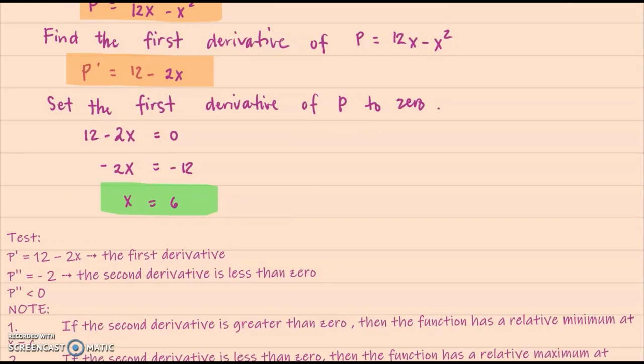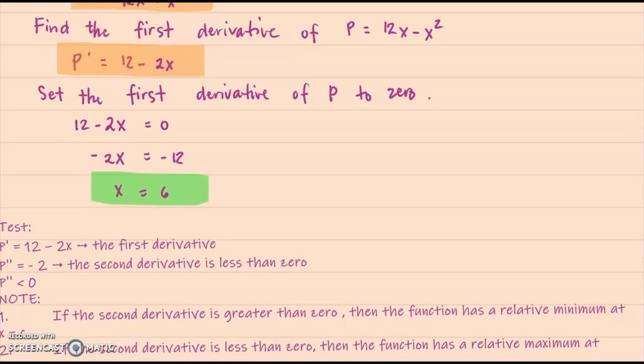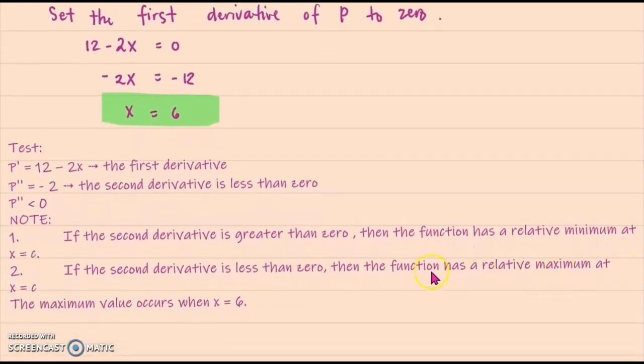Now let's test. The first derivative of p, or p prime, is equal to 12 minus 2x. The second derivative is basically finding the derivative of our first derivative. So that's equal to negative 2, which is less than 0. Note that if the second derivative is greater than 0, then the function has a relative minimum at x equals c.